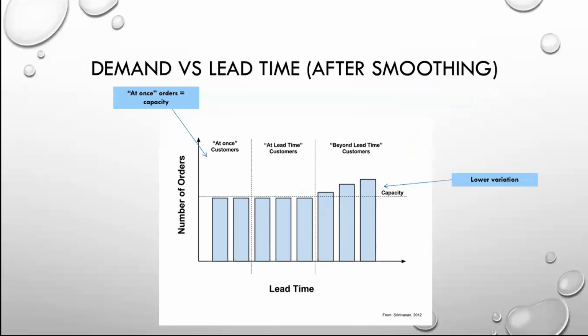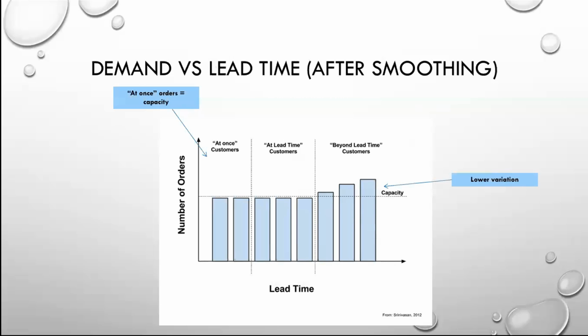Your graph will not always look like this, and please remember that. Now, as I said, the idea is to move your demand throughout your lead time below your capacity line. Okay, now in this example, we still have people beyond the lead time that is still above capacity.